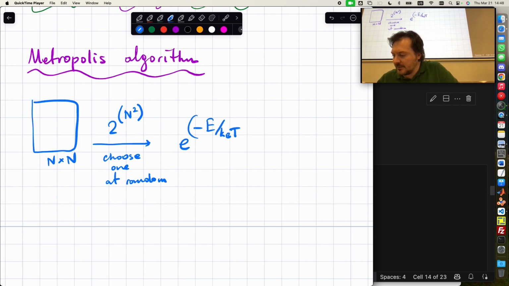What will happen is that if you are already choosing at random, you will mostly sample the high temperature part, the highly disordered situations. Do you agree with this? For example, if you are at low temperature, the system will hang around at the ordered states, but you are trying to get some property and you are just summing over all those disordered states which have very low probability. Makes sense or not?